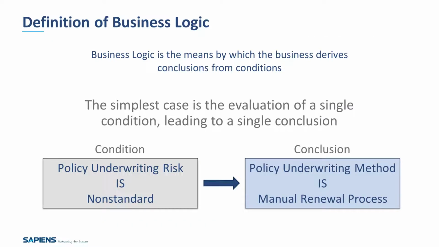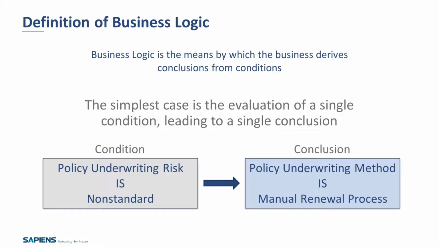The next thing I'd like to explain is what we mean when we say business logic. Business logic is the means by which the business derives conclusions from conditions. A very simple example is listed here, where one condition leads to one conclusion. The condition here is policy underwriting risk is non-standard, and the conclusion is policy underwriting method is manual renewal process.